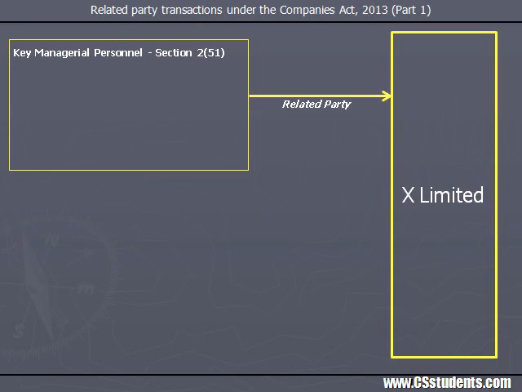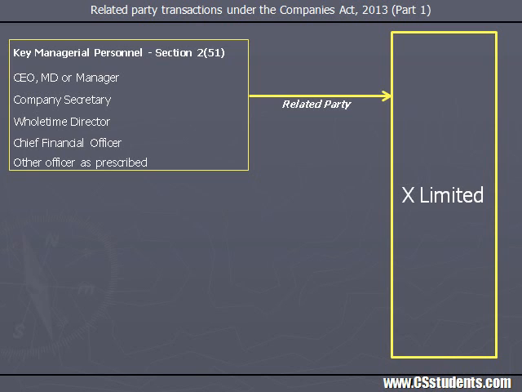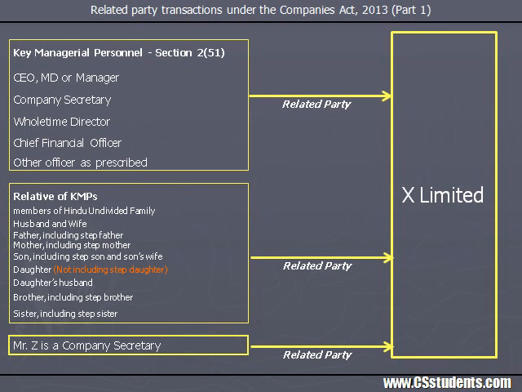As per the definition of KMP, key managerial personnel in relation to a company means the chief executive officer, or the managing director, or the manager, the company secretary, the whole-time director, the chief financial officer, and such other officer as may be prescribed. So, as per the definition of related party, KMP and their relatives are also related parties.